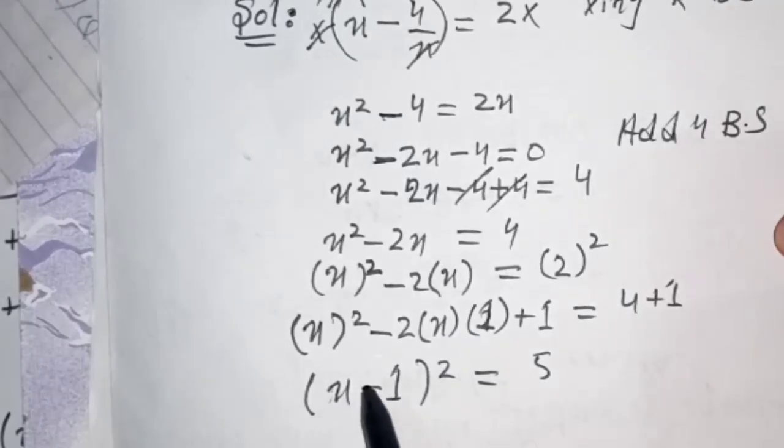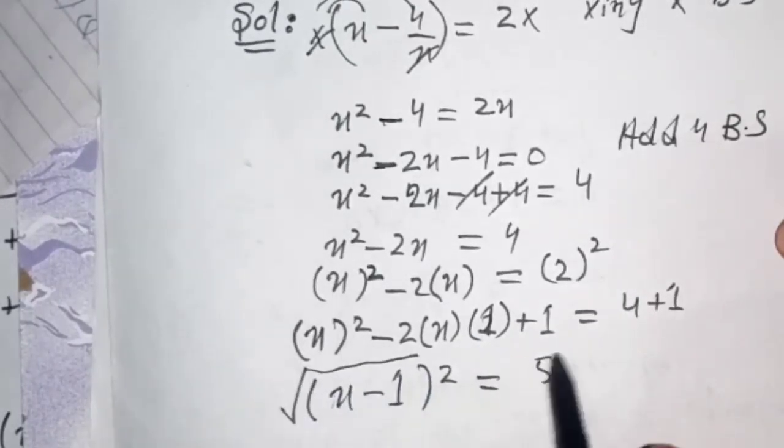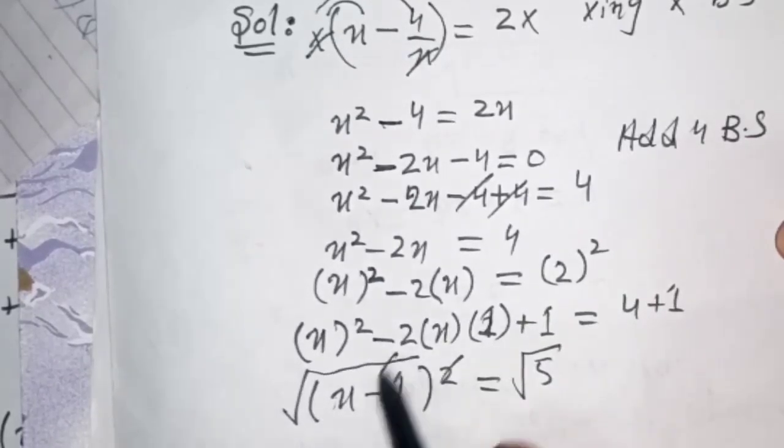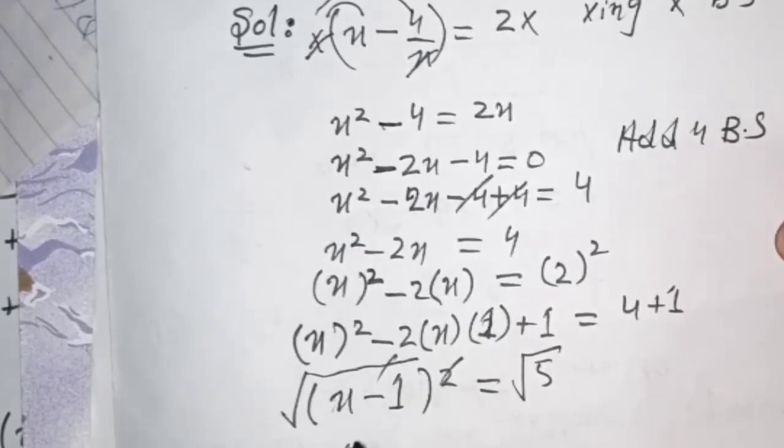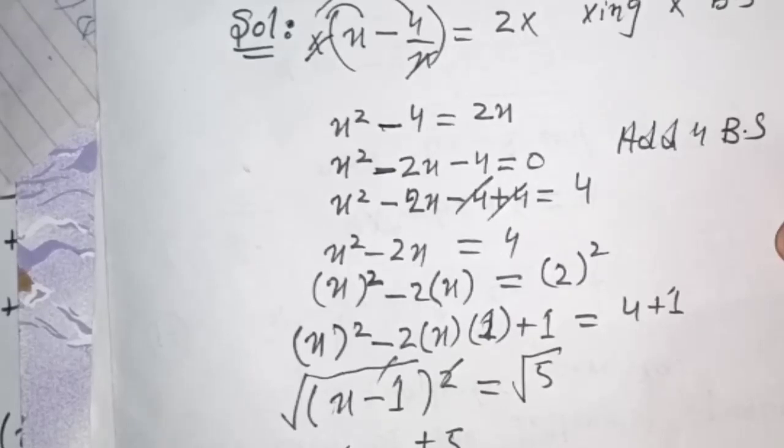So taking the square root on both sides, we get x minus 1 is equal to plus minus root 5.